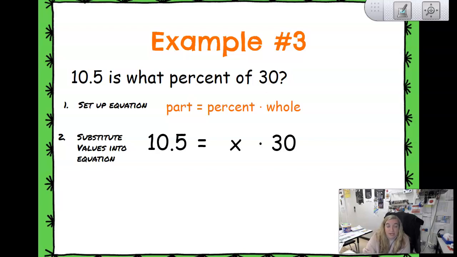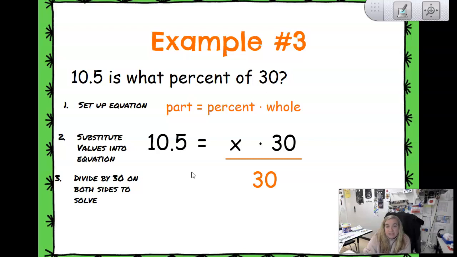So to do that, we need to get it by itself, which we call isolate the variable, by getting rid of the 30. You get rid of the 30 by doing its opposite operation, which we call the inverse. So the opposite of multiplying 30 is going to be to divide both sides by 30. So you would simply draw a division bar or fraction bar and then write 30 underneath it to show you're dividing that by 30.